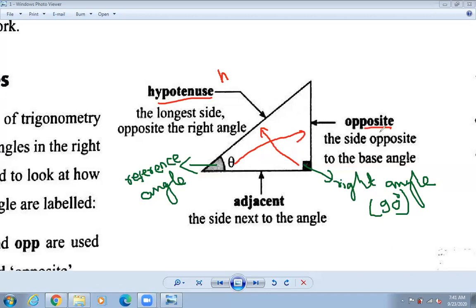What do you call it? Opposite. The side opposite to the reference angle is called the opposite. But I think you have heard this term opposite for the first time. What did we used to say in the previous days? We used to say perpendicular. Let us write down perpendicular also.